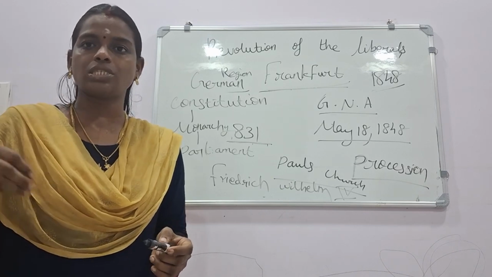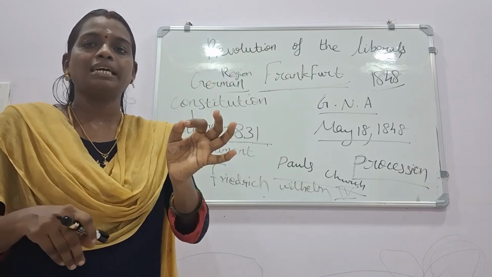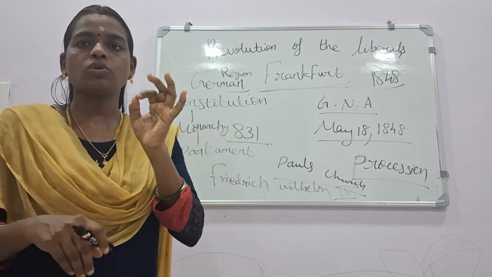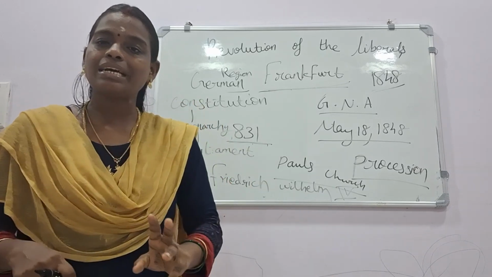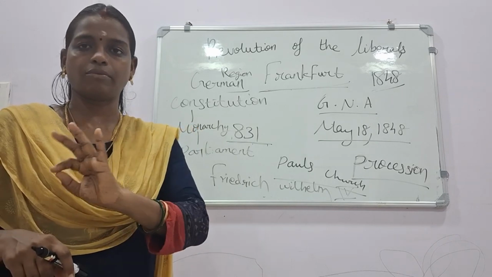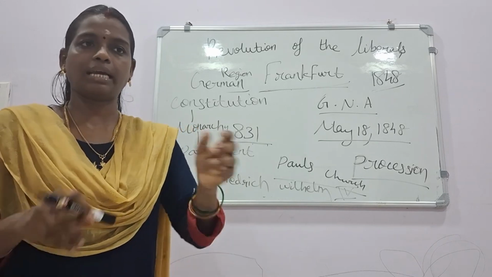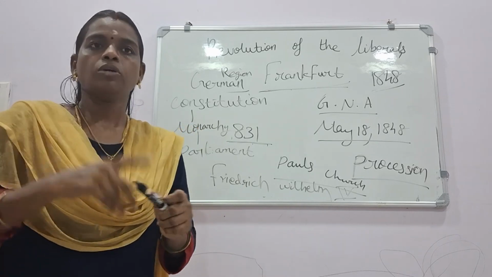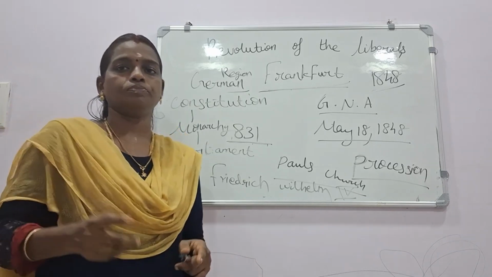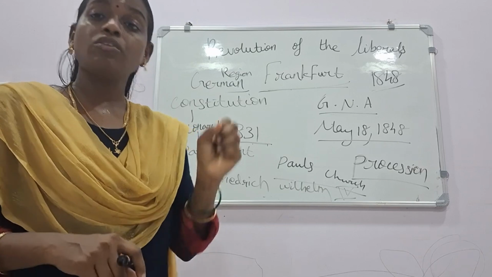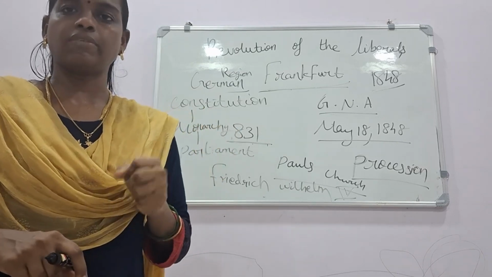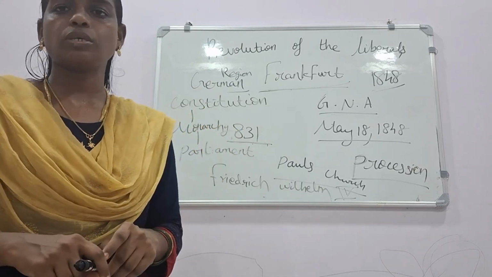They did lots of changes in the European countries. But even though they achieved all this, they weren't allowed to cast their vote. The universal suffrage wasn't given to them.